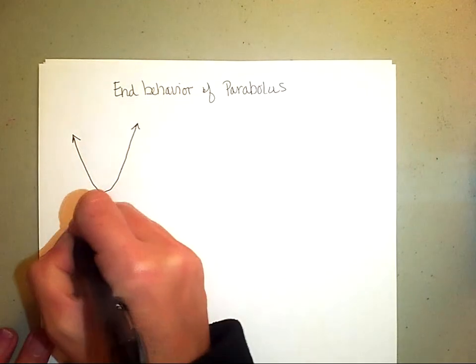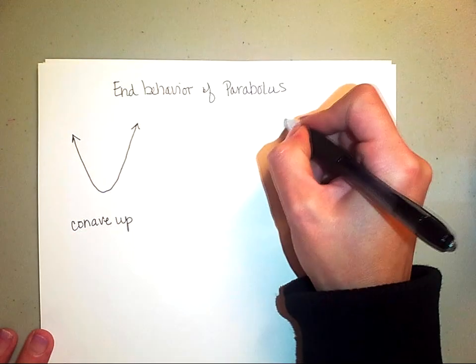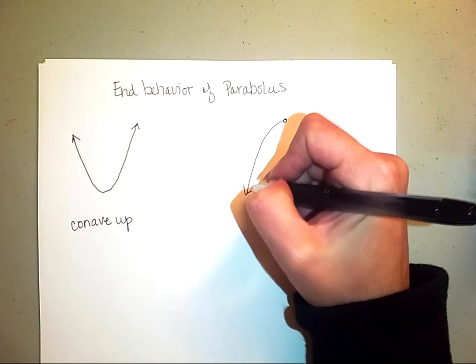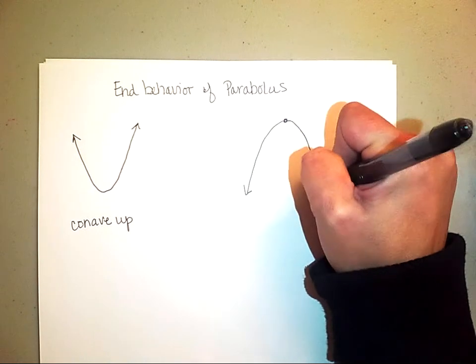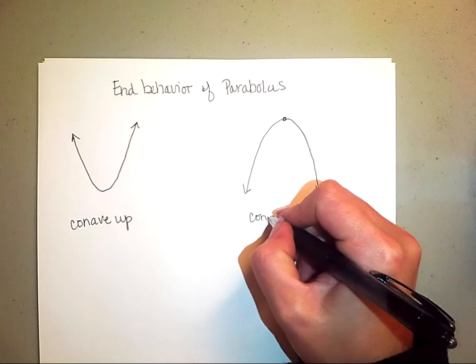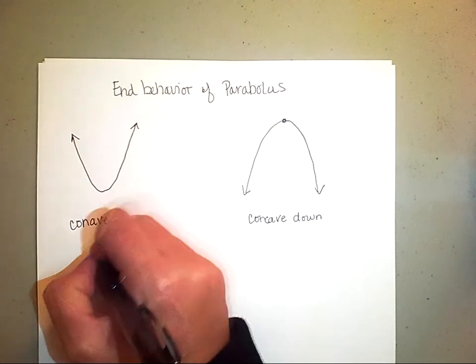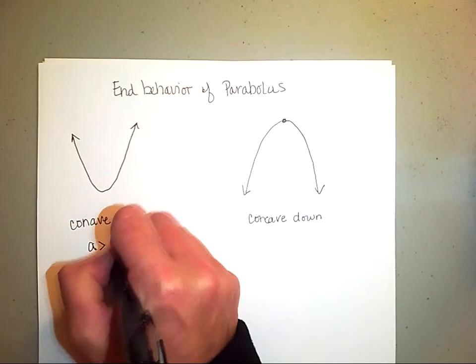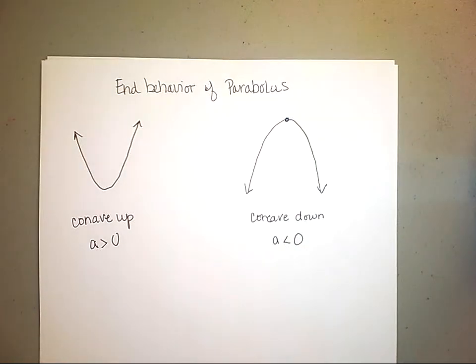We have one that is concave up, and the other that is concave down. This one has an a value that's greater than 0, that is positive, and this one has an a value that is less than 0, that is, it's negative.